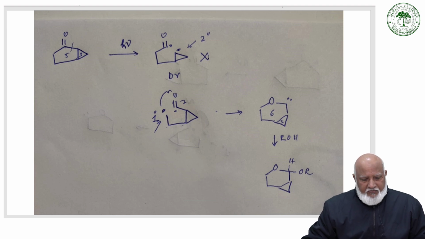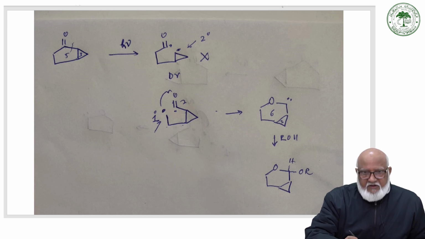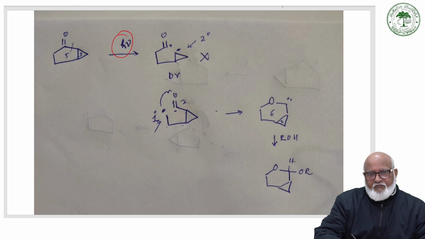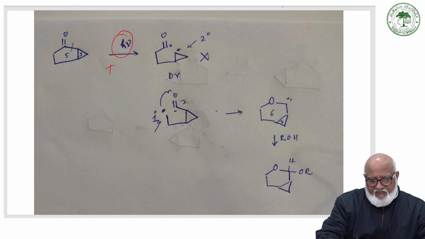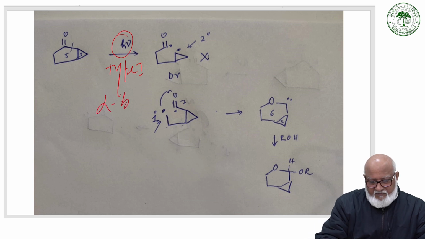Here we can see that under photolytic conditions, this undergoes a type 1 reaction, which is nothing but alpha bond cleavage.